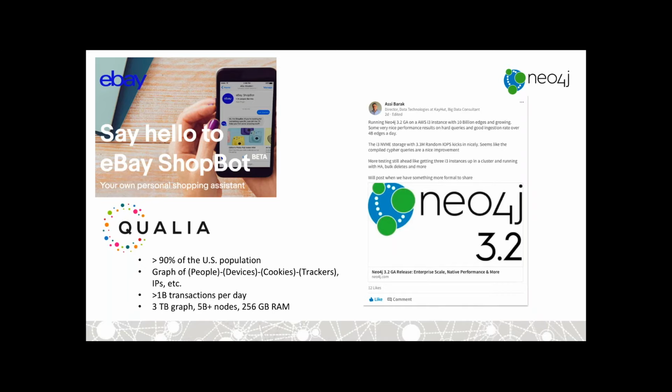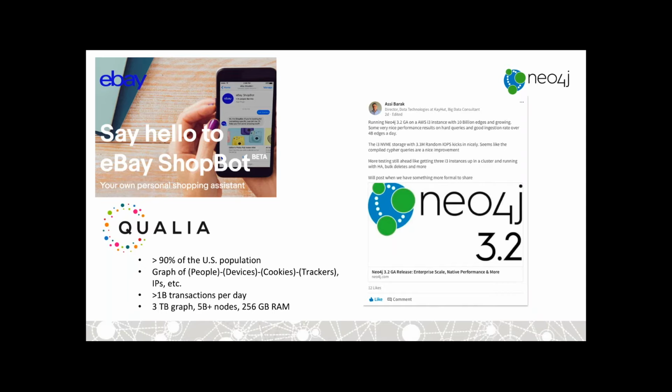A couple of ones that I'm particularly interested in. Qualia, I heard from a colleague of mine, is an ad tech company. They have about 90% of the US population in their database. And of course, ad tech is a very low latency business. You need to get your ads out within the bid time, otherwise your ads don't get shown. They have really interesting stats here.